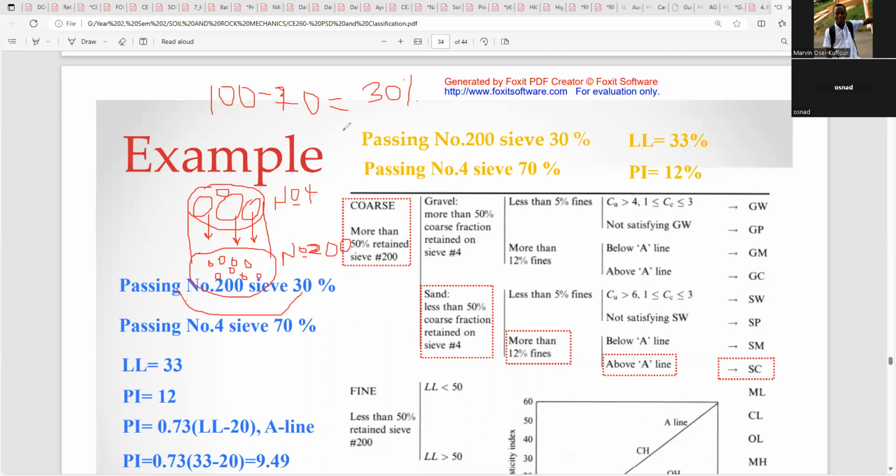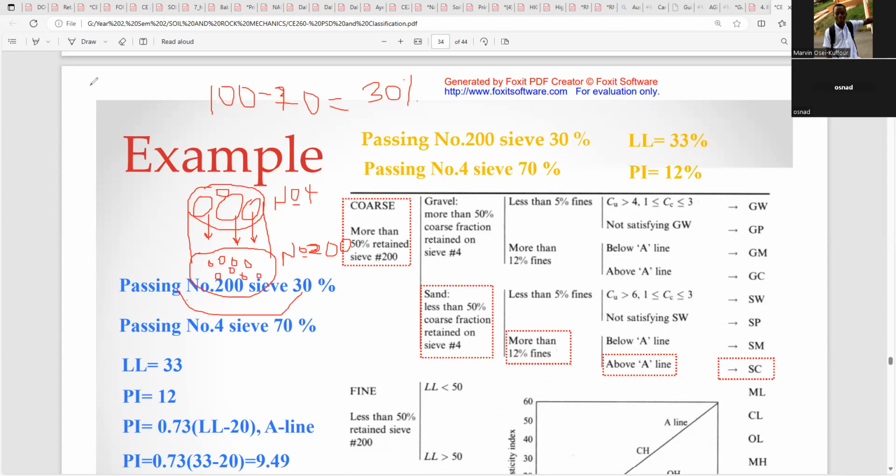And if you have any percentage that will retain on sieve number 4, it means that percentage is gravel, or any percentage that will not be able to go through sieve number 4, it means that the particle sizes are very large, and that constitutes gravel, or the gravelly part of the soil.